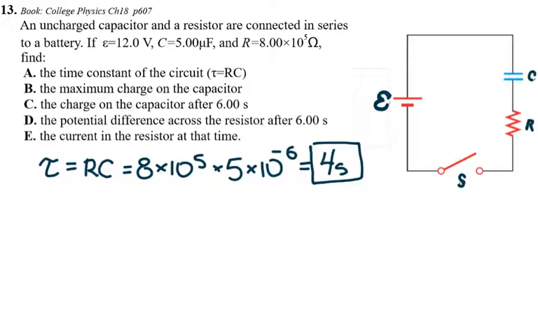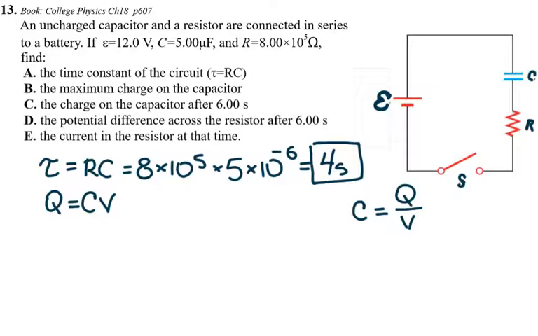Then they want you to find the maximum charge on the capacitor. The maximum charge will happen when the capacitor is fully charged. When the capacitor is fully charged, there is no current flowing, and all the voltage in the circuit drops on the capacitor. So the maximum charge is the capacitance times the voltage, because capacitance is how much charge per voltage.